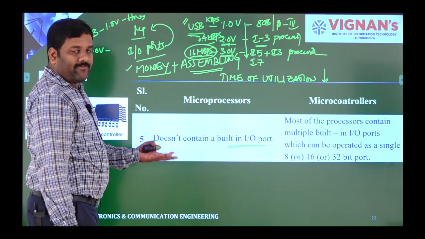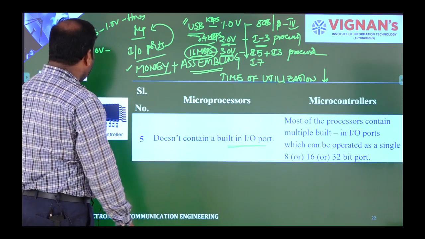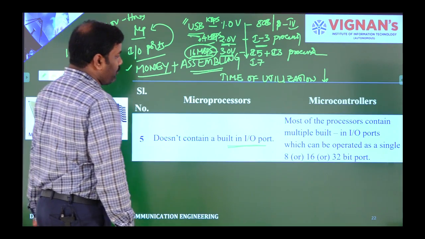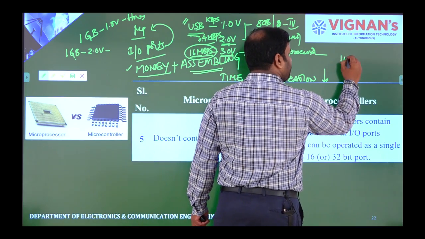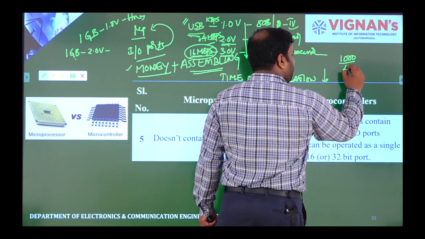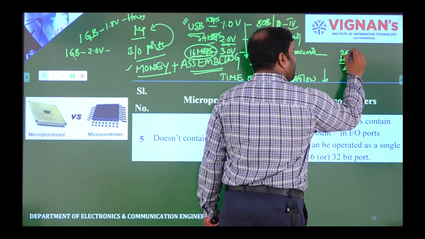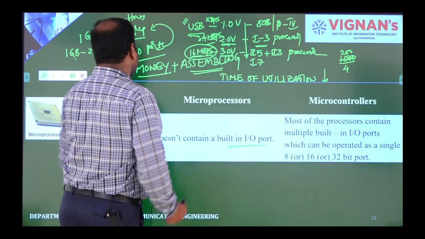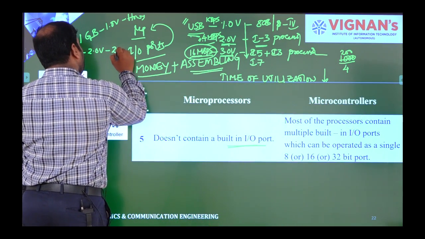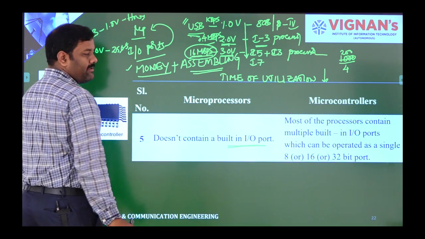Per second it supports 4 megabits, so 1000 by 4. It's around 250 seconds.